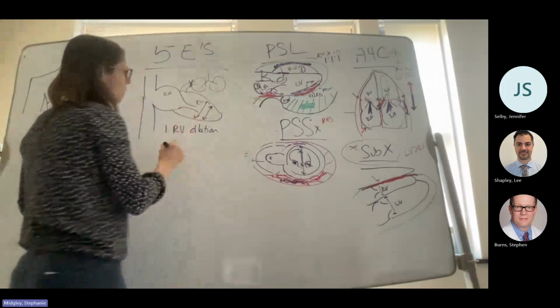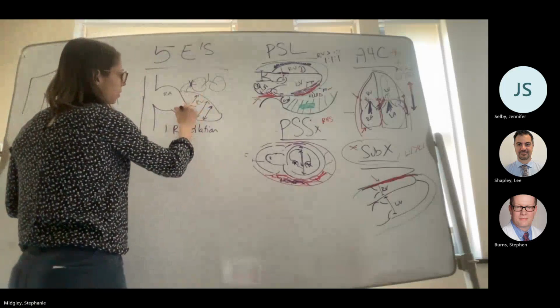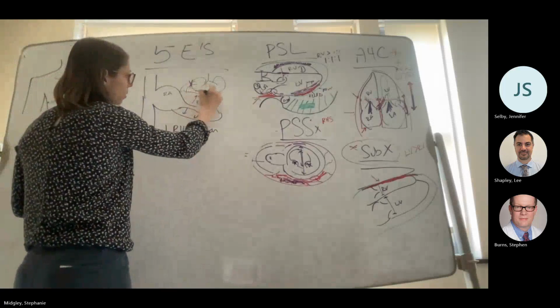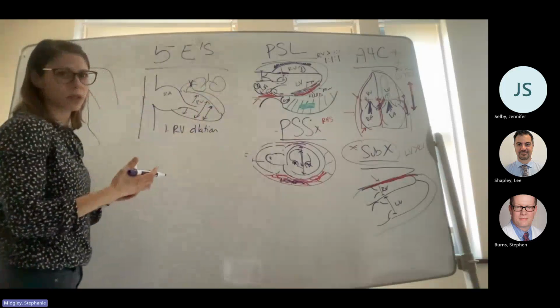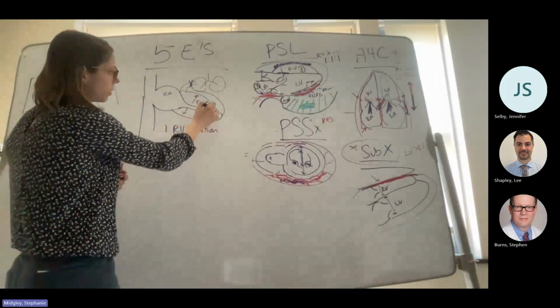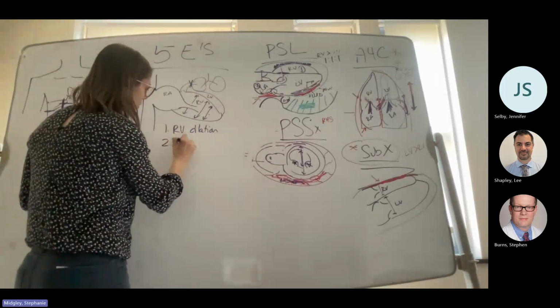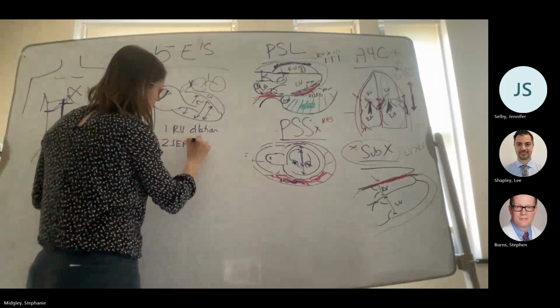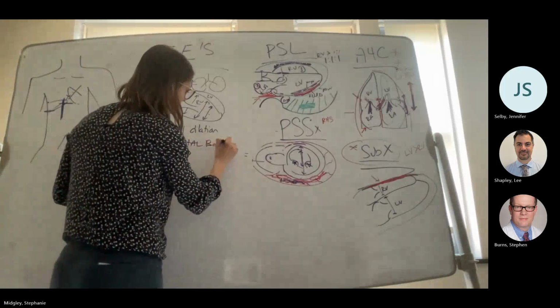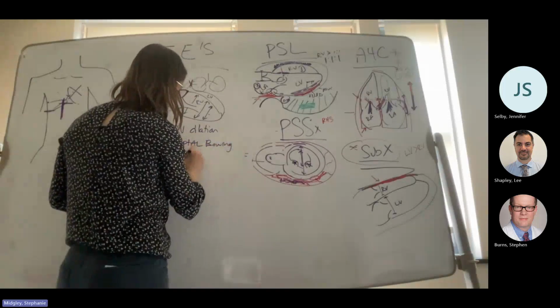The next thing that happens is as my RV continues to get bigger, the RV is going to start to have more pressure and volume in it than my left ventricle. And I'm going to start getting septal bowing, or the D-shaped LV.